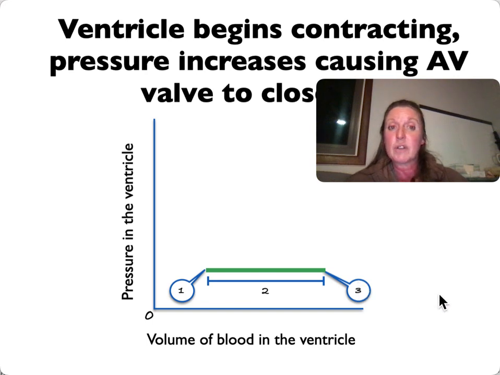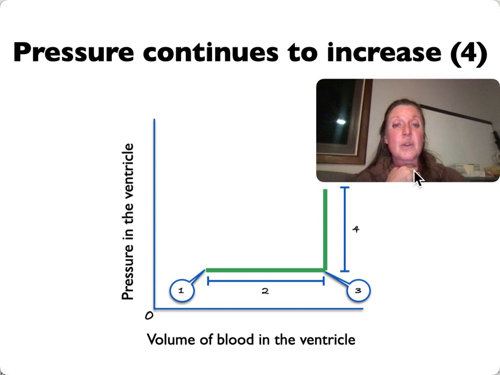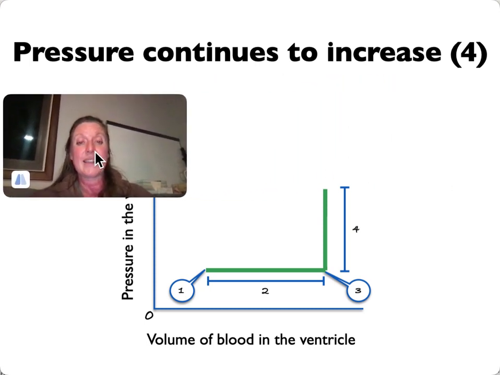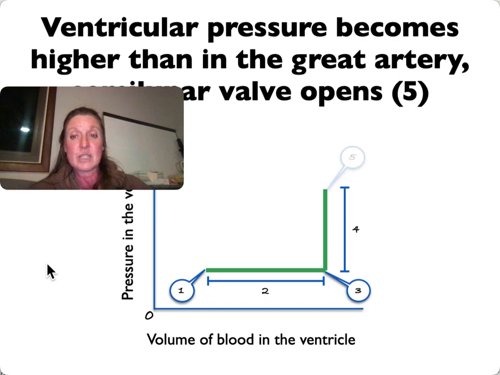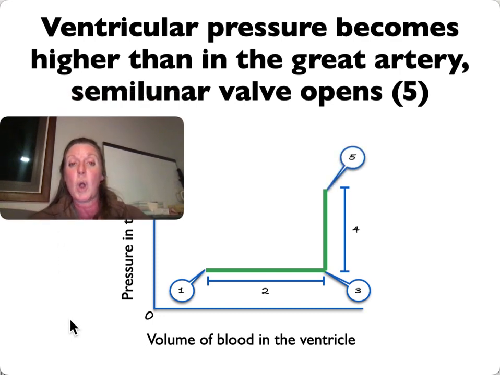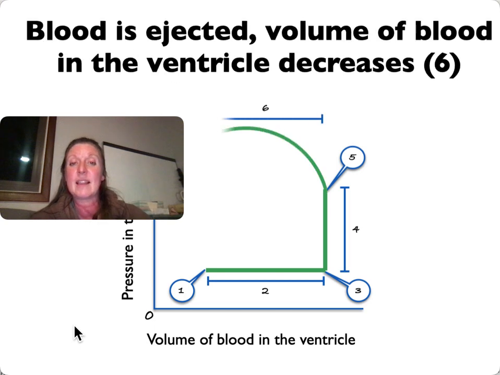As soon as the valve closes, then the pressure is going to start building inside the ventricle, but it's not high enough to push the blood out yet. So what happens as the pressure continues to increase is that it causes the semilunar valve to open. This allows the blood to leave the ventricle, so volume's dropping down.